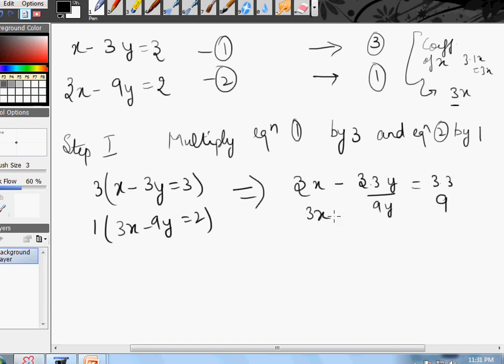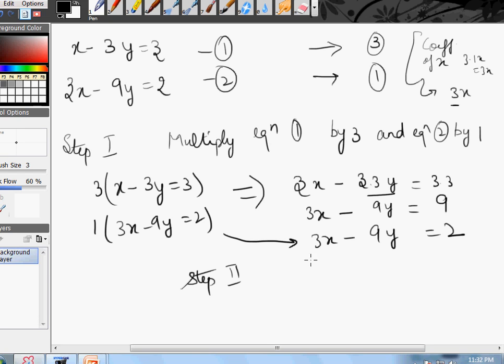Thus this equation is 3x minus 9y equal to 9, whereas the second equation is 3x minus 9y equal to 2. Friends, in the second step, all we have to do is either add or subtract to eliminate one variable. If we add these two equations, we will get 9x minus 18y, clearly no variable is getting eliminated, equal to 7.